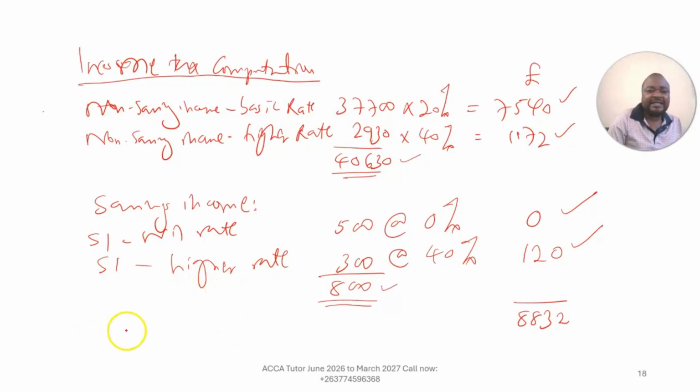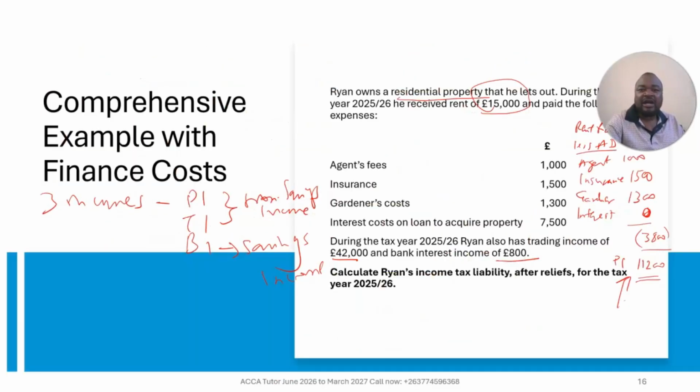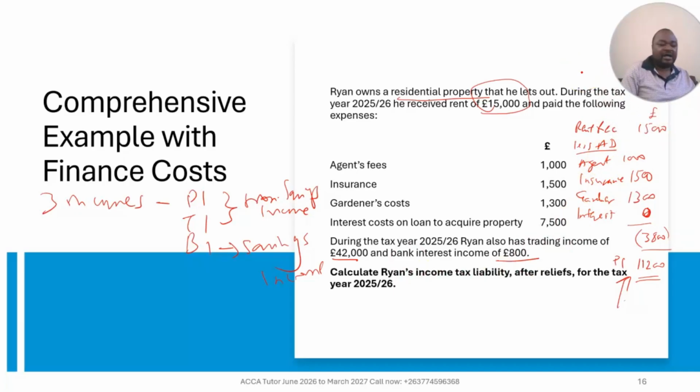All right. Then we have to include what is called the tax relief, or tax credit, on bank interest. Remember, when we were computing the property income, this guy took a loan, and we said that he was not entitled to the deduction.